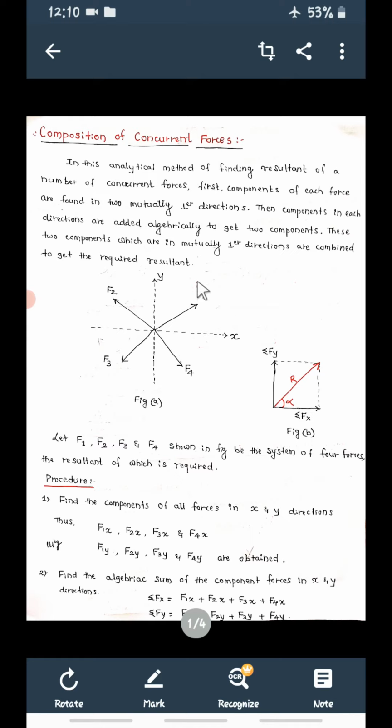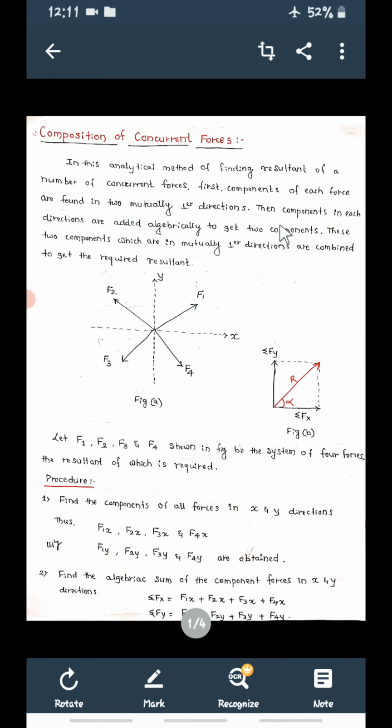That is called F1x, F2x, F3x and F4x. These are the components along x direction. Similarly, if I resolve these forces along y direction, this will be F1y, F2y, then F3y, F4y. So each force will be resolved along x direction and along y direction.